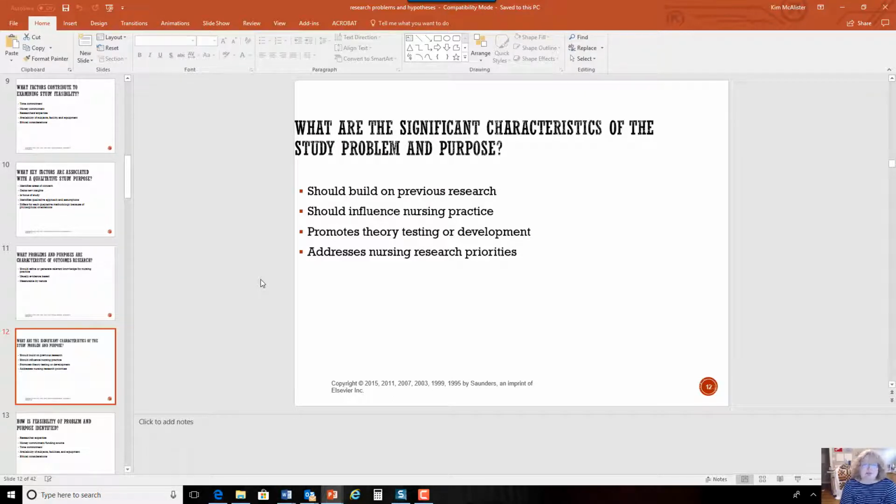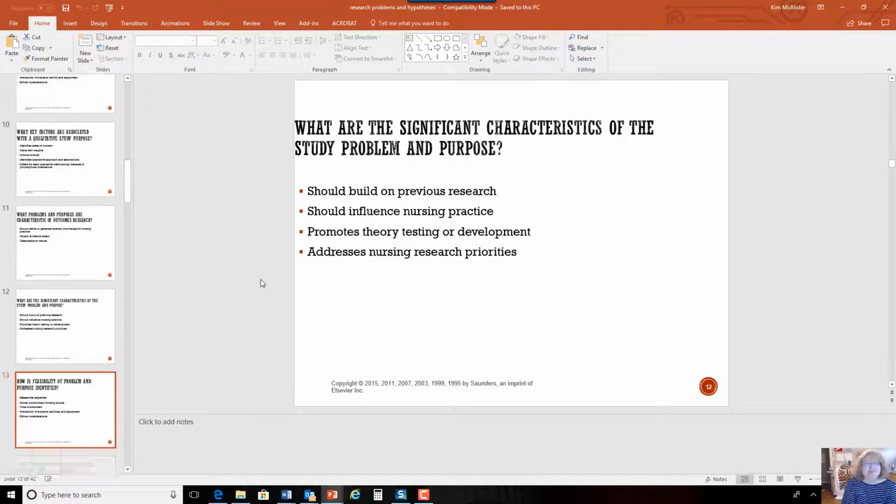It will promote some type of theory testing or development, and it needs to look at what the nursing research priorities are. And you can look at the National Institute of Nursing Research and see what the nursing research priorities are. You can also go to AACN and look at those sites as well.